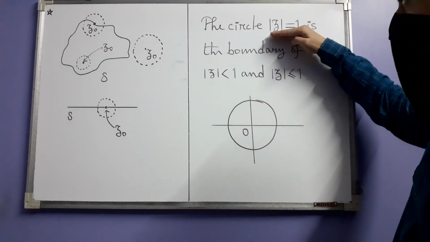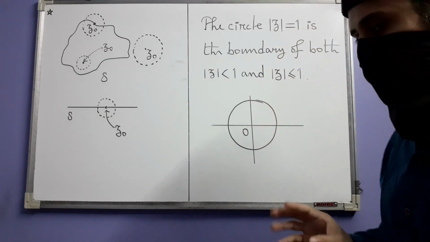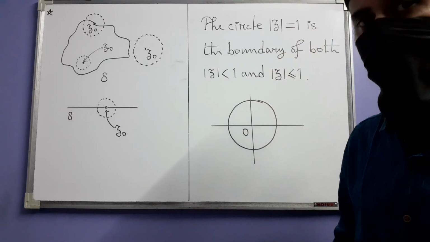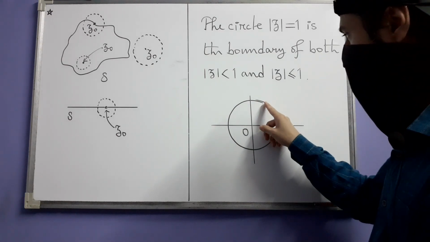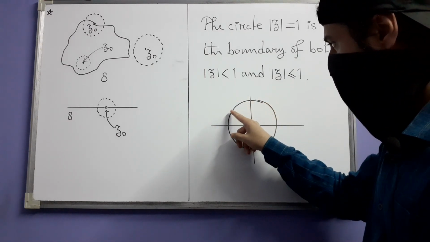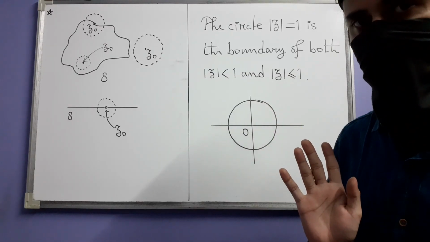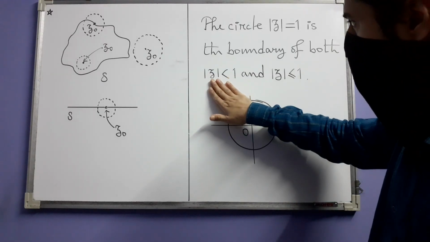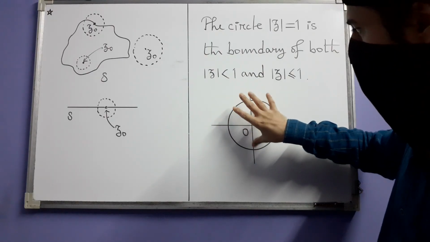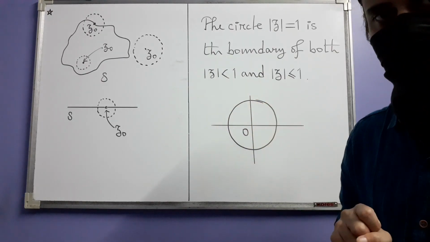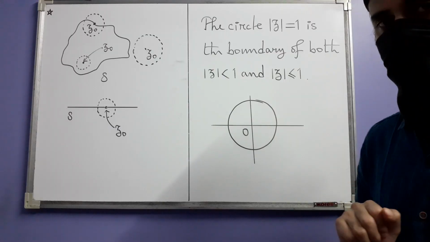What exactly are we calling the unit circle? We are calling the set of all points which form this closed curve the unit circle. What is this set? This set is what lies inside the circle. Say this is your S.